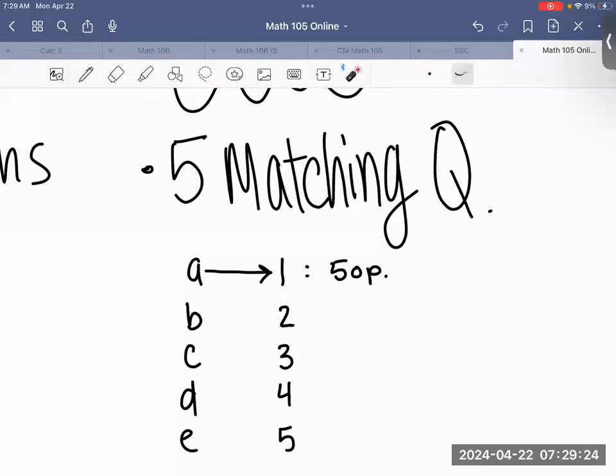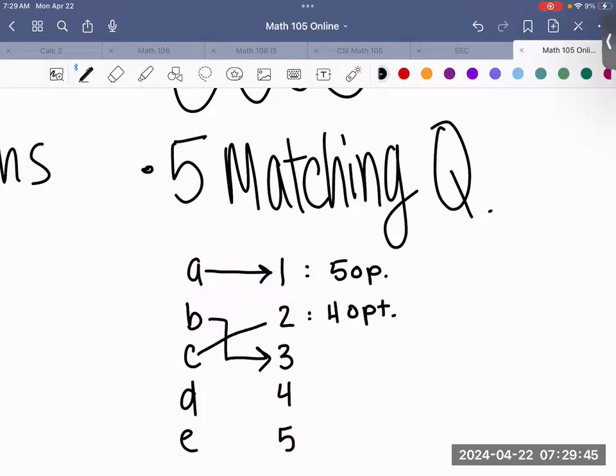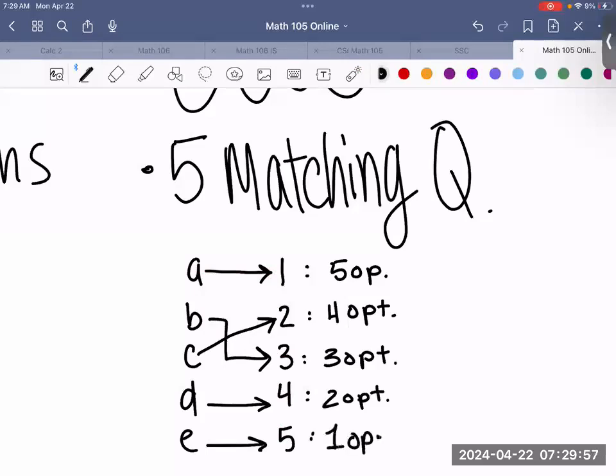It could have gone to 1, to 2, to 3, to 4, to 5, right? 5 different options. What about B? How many options does B have? Let's say I went down to here, right? It has 4 different options, right? C has how many different options? 3 options. D has 2 options. E has 1 option.